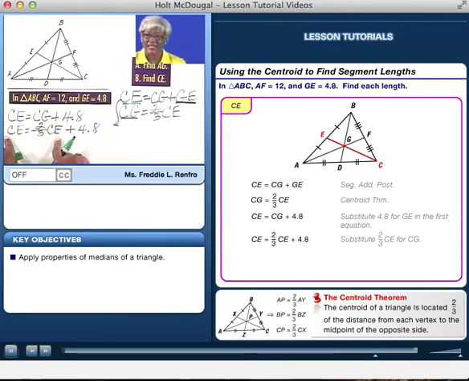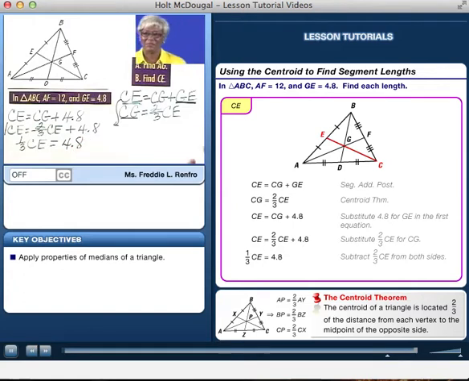I can combine my CE's. Remember, there's a 1 there. So what do we have? Let's subtract 2/3 CE from both sides. And when we subtract, we get 1/3 CE is equal to 4 8/10. We're trying to find CE right here. What do we do here? We multiply both sides by 3.